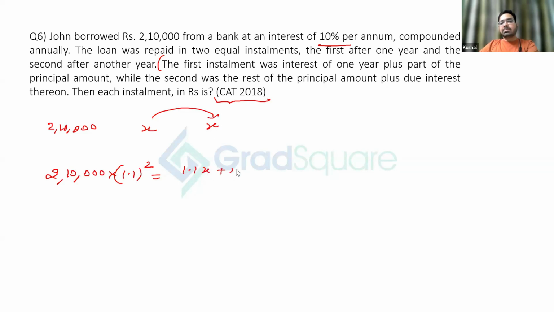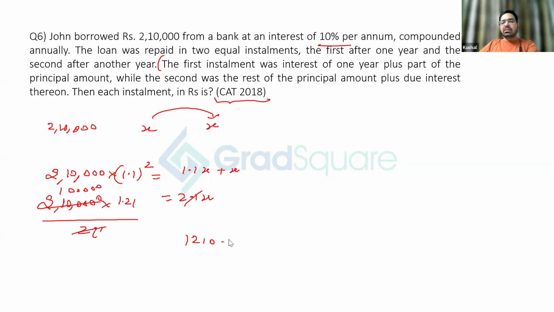So 1.1x plus x, that's all. So it is going to be 2.1x, and this is going to be 2,10,000 over here, and 1.21. Divide that value by 2.1, removing this 2.1 from here, put a 0 extra, and you will get 1 lakh over here. And this is going to be 1,21,000 as your installment value for each year.